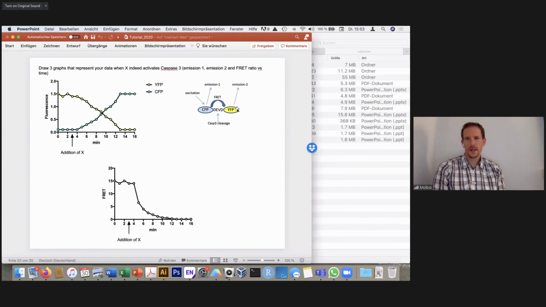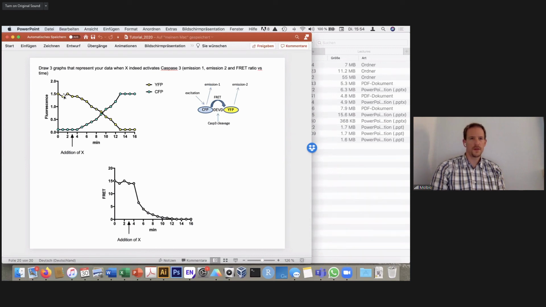But of course, it will not cut all molecules right away, so it will take some time until the decrease is full. Here half of the molecules have been cut, and here all of them have been cut. And vice versa. So the emission of YFP decreases, and the emission of CFP increases, because now the emission of CFP is not used up or absorbed by the YFP.